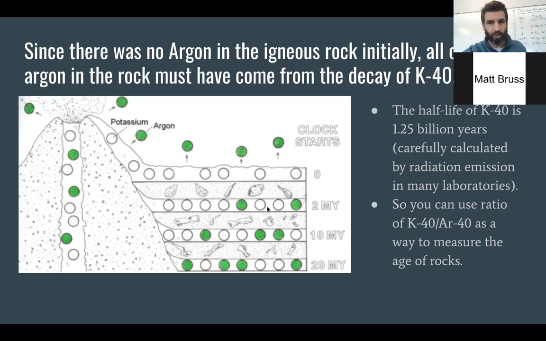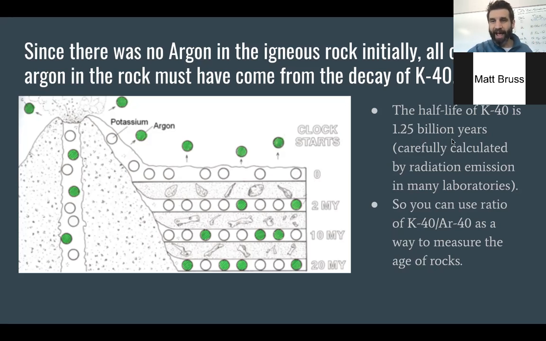If you wanted to, you could think about this as potassium 40 disappearing, right? So here you see a lot of white circles that represent potassium, and as we get older and older, we see fewer of those. But maybe it's a little bit easier to think about it in the positive aspect, that the appearance of argon is measured, and we know very carefully the time frame when we'll see argon.